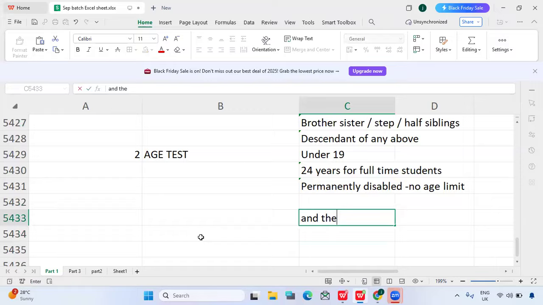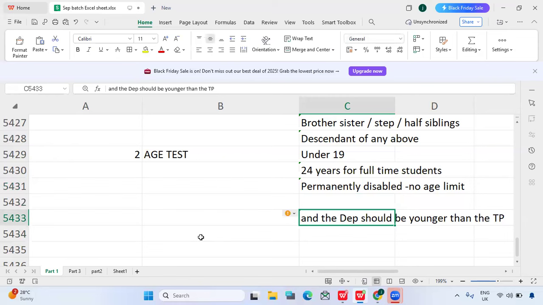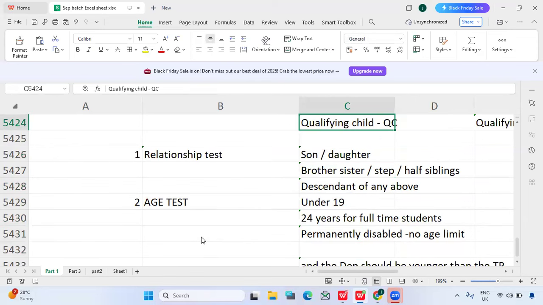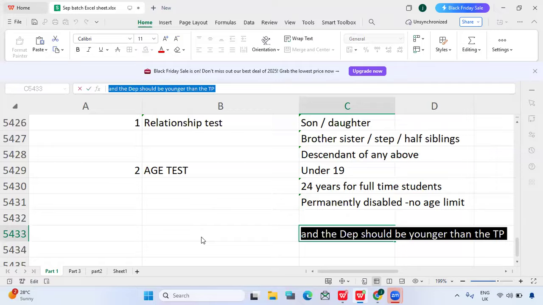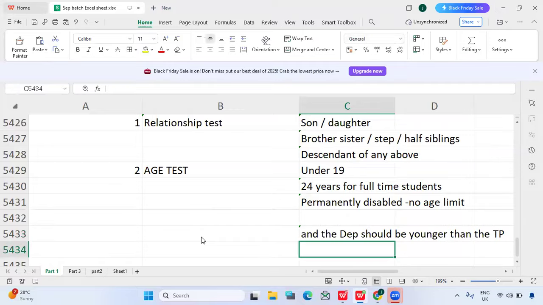If your brother is elder, can we consider him as a dependent child? No. The dependent should be younger than the taxpayer. Then only we will consider under qualifying children. For other qualifying relatives that is fine, but to consider as a qualifying child, this is the important key.